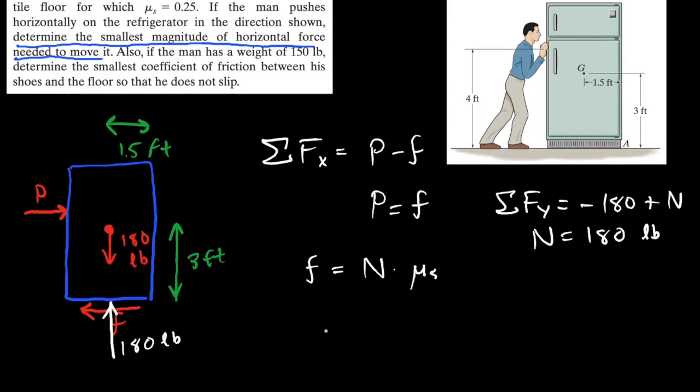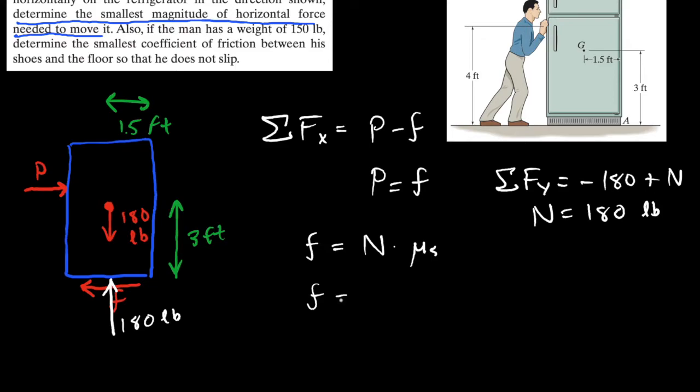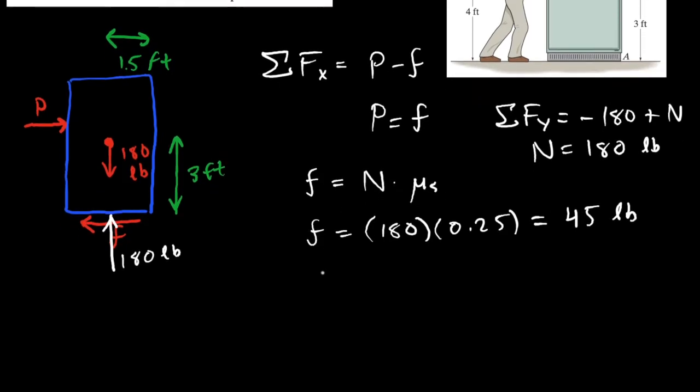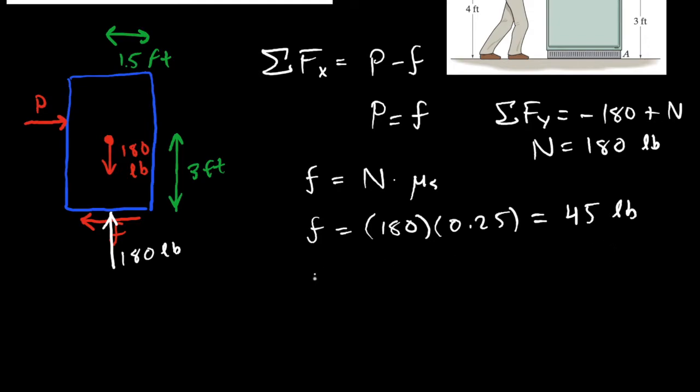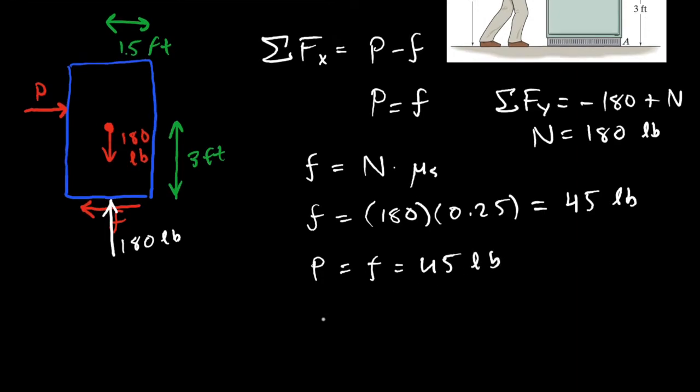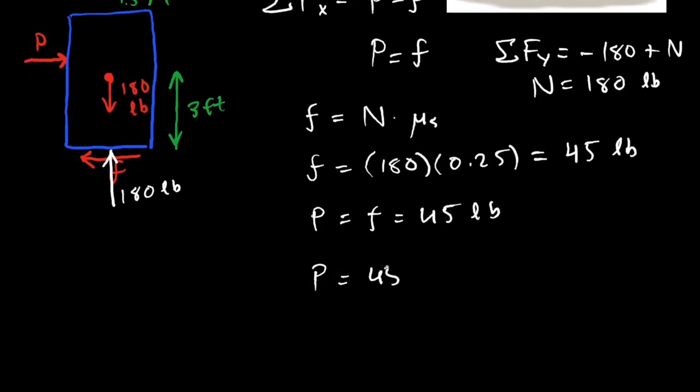So the force due to friction equals N, which is 180, times the coefficient of static friction, which is 0.25. Therefore, the force due to friction is 45 pounds. Now, this tells us what P is, because P equals F equals 45 pounds. Therefore, P equals 45 pounds.